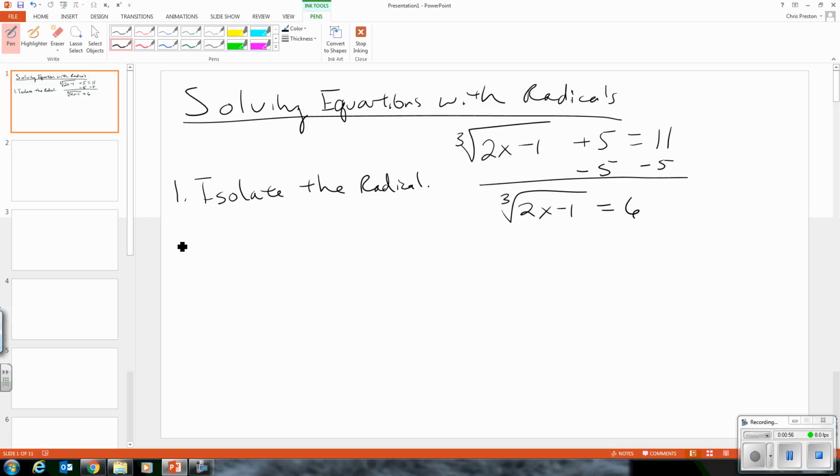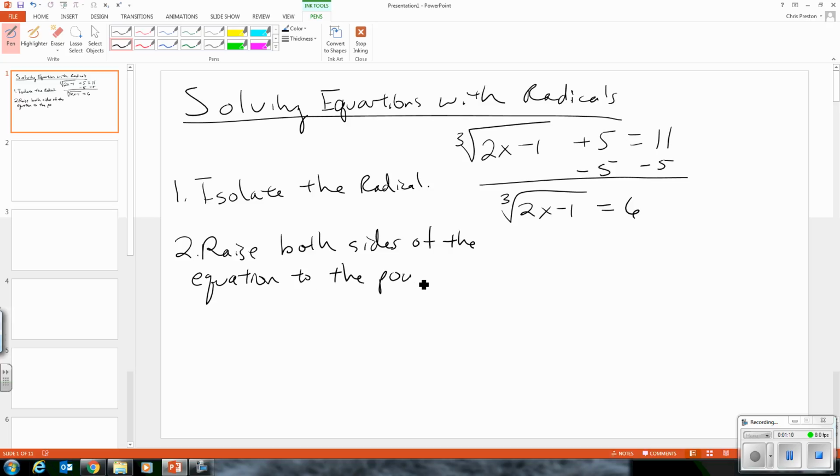And the second thing I want to do is raise both sides of the equation to the power needed to cancel the root.